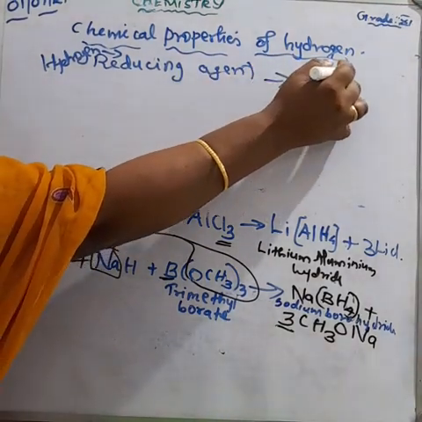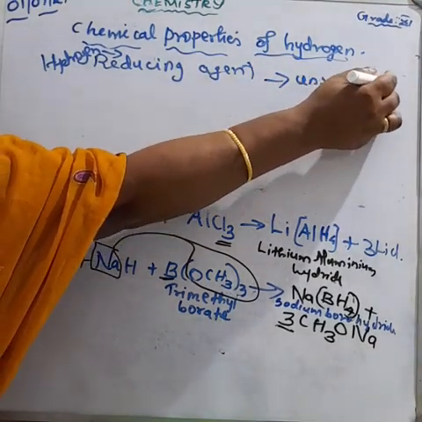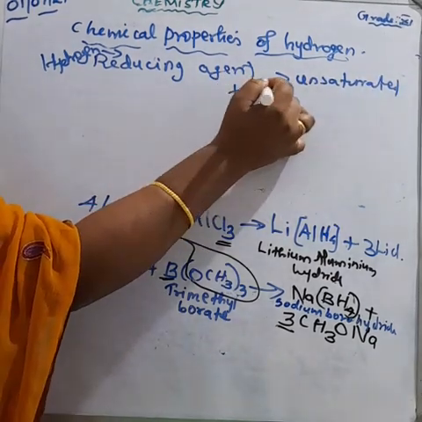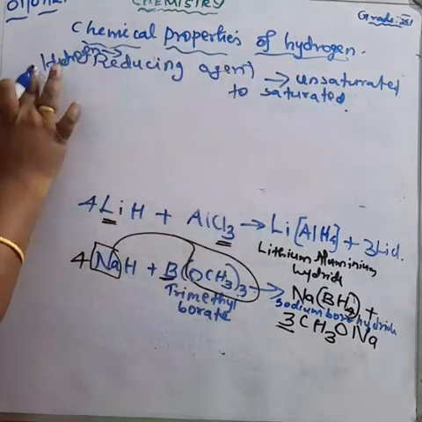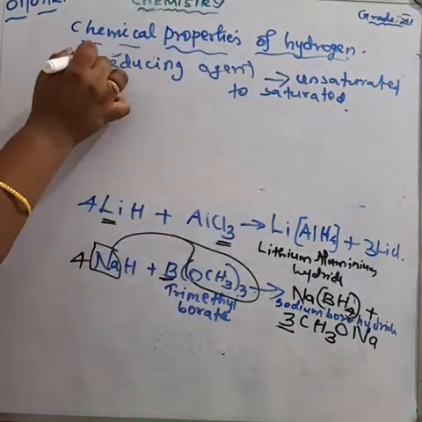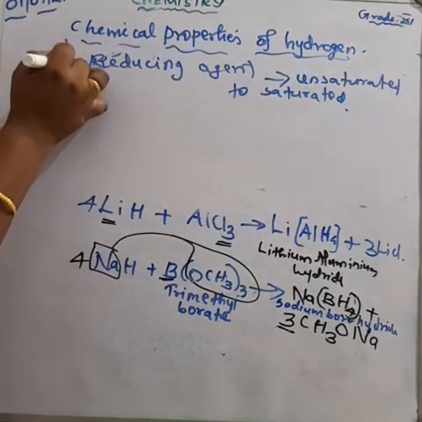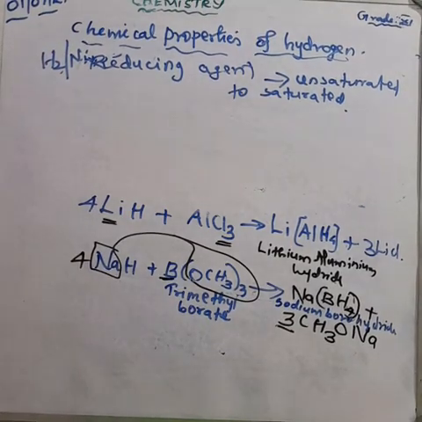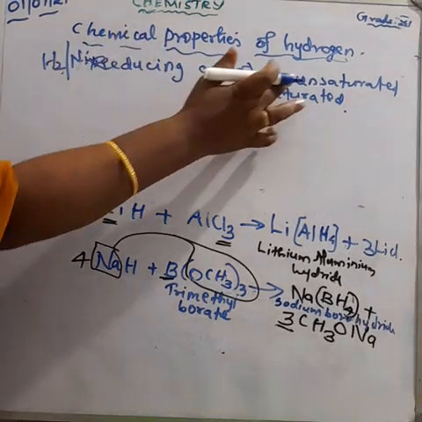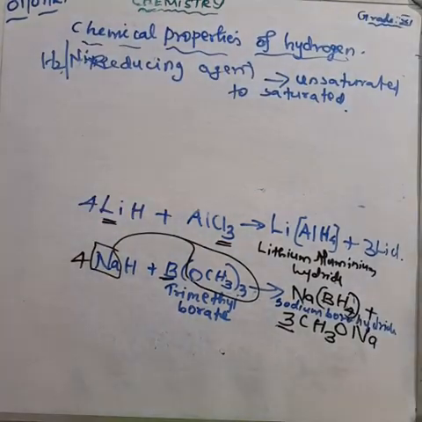When hydrogen is used with nickel, it acts as the reducing agent, used to reduce the unsaturated compound to saturated compound.